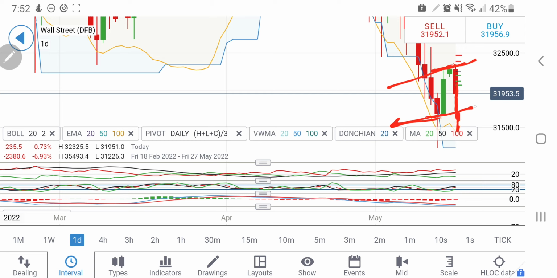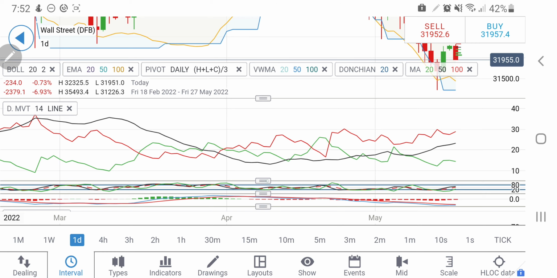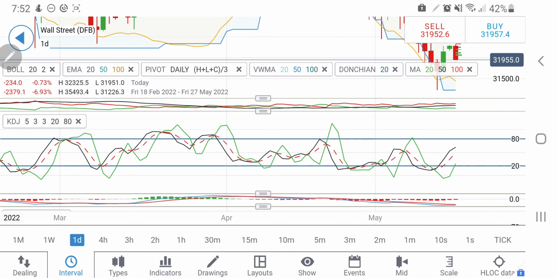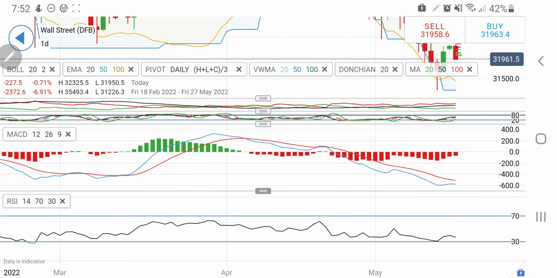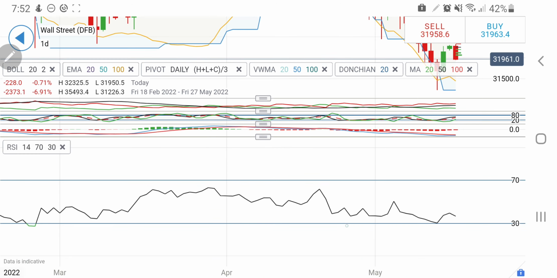Below 31,700, we may see a sharper drop, which will try to take it towards 31,400 and 31,200 levels. The directional movement is bearish. Stochastic is looking upwards on the daily charts. The MACD is again trying to converge and crossover, and RSI is again looking downwards from here. So yes, still there could be little swings here.